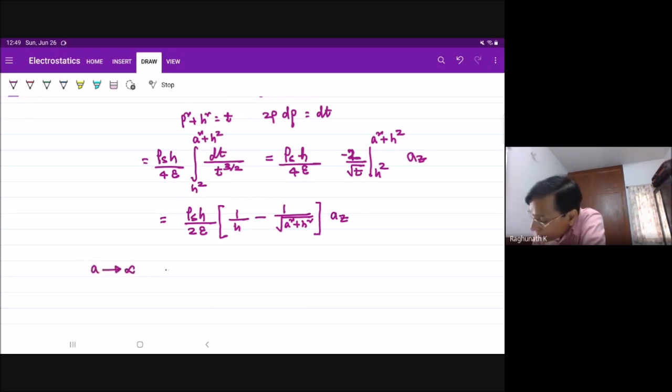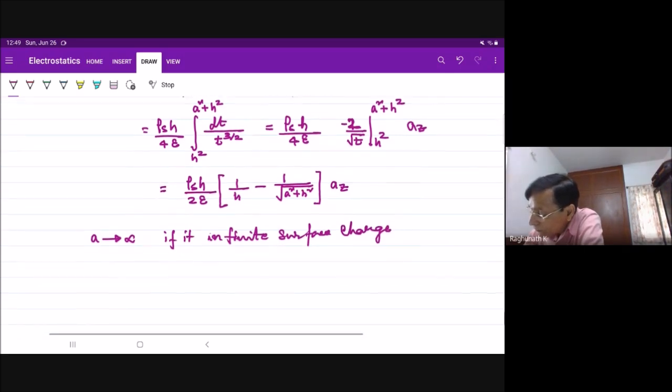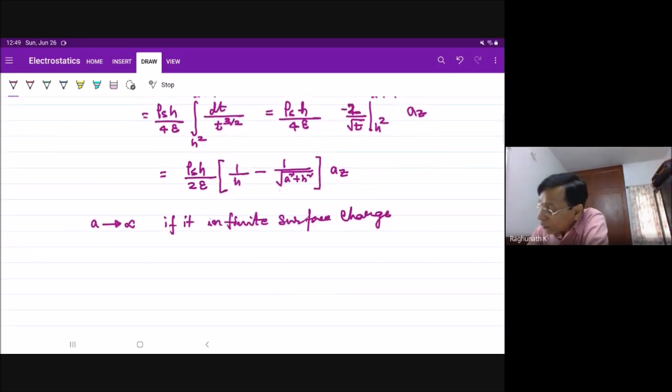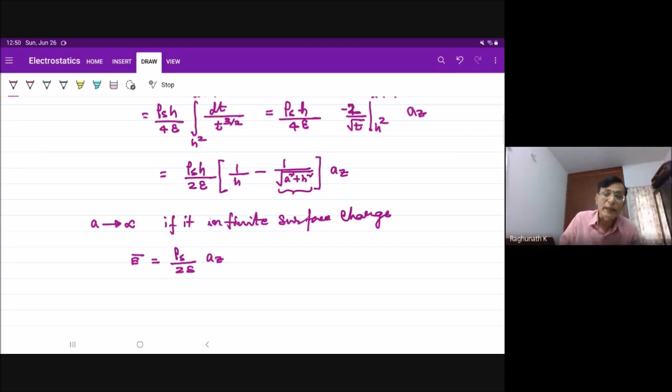If it is infinite surface charge, then 1 by root of a square plus h squared becomes equal to 0. And we'll give what? Rho s by 2 epsilon a z is E bar. The limiting case.